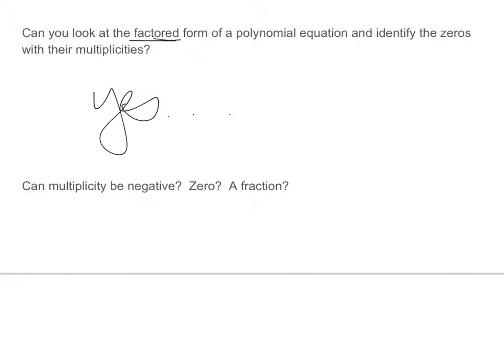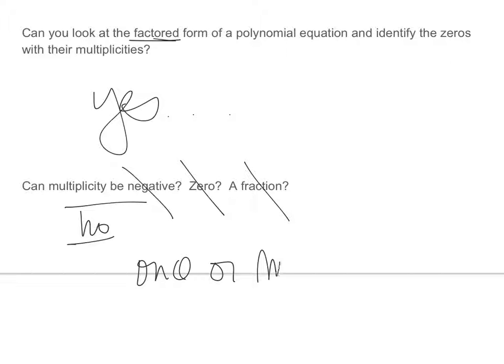Can multiplicity be negative? No. Okay, is it either a multiplicity of 0? No, I'm sorry. It can't be 0. It can't be negative. It can't be a fraction. Your zeros happen once or more. If it's 0, that means that x equals whatever doesn't occur.